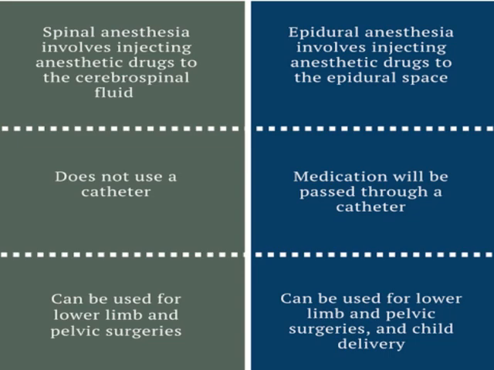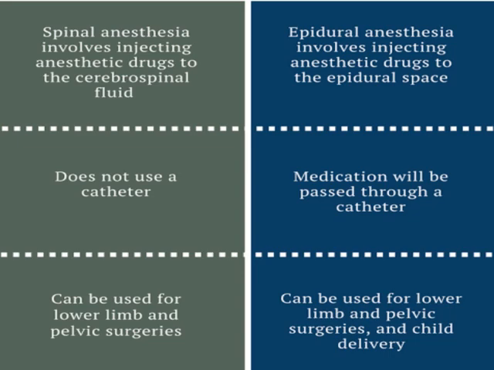In epidural anesthesia, we inject the local anesthetic drug in the epidural space. In spinal anesthesia, we don't use a catheter. In epidural anesthesia, we use a catheter to inject the drug.